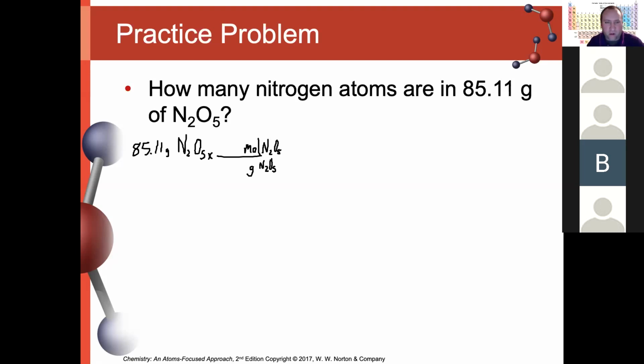I get 108.02 grams for every mole of dinitrogen pentoxide. So my grams have now canceled. I'm left with moles.